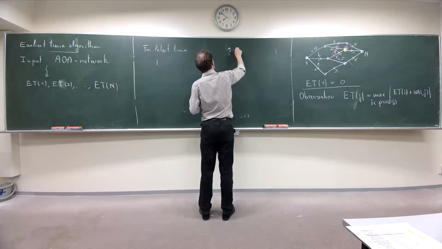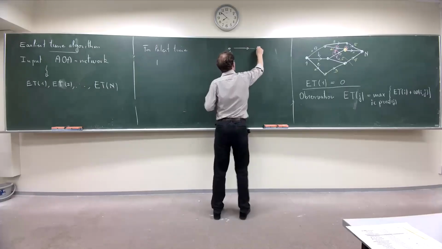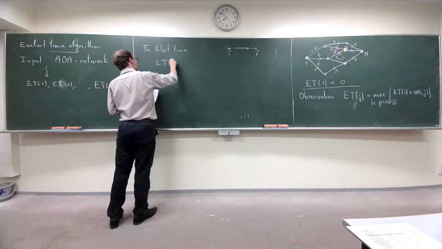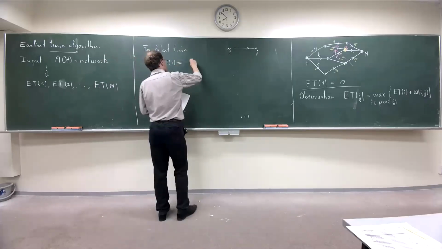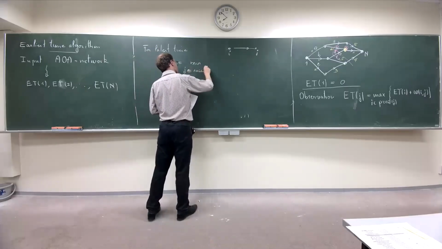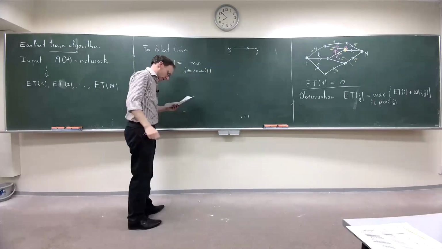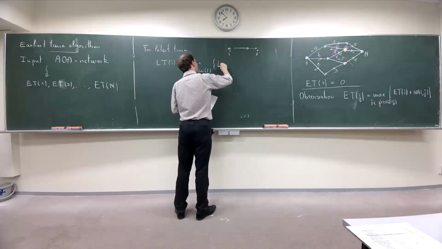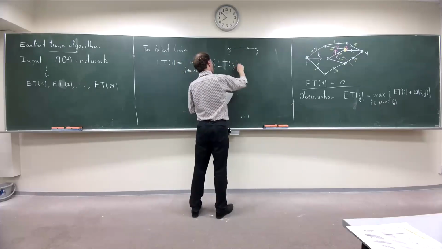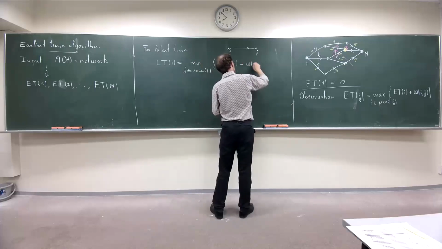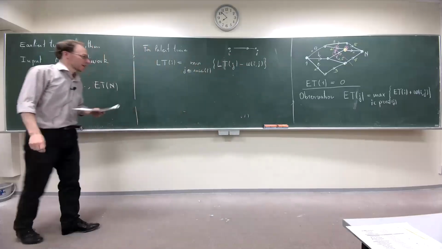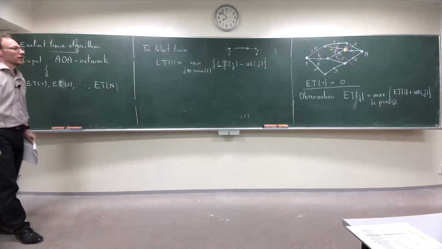We have I, edge, j. I'm claiming that the latest time at I is the minimum over j belonging to the successors of I of LT of j minus... Please think about the meaning, and you can just use the picture.